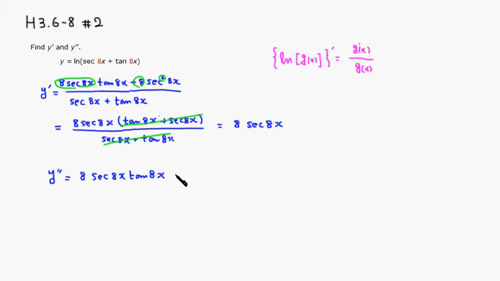Then you have to multiply by 8 because of the derivative of the inside function. So that's going to be 8 times 8 is 64. And we multiply secant of 8x and tangent of 8x, right? So let's type that in.